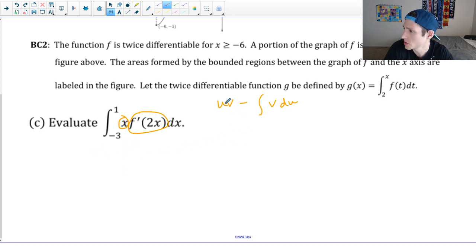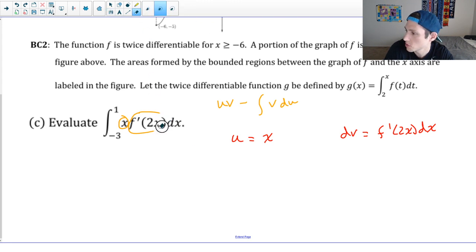All right, so let's make some choices. We might have to go back and fix them, but let's just make u this first function, and dv f prime of 2x dx. More specifically, it would be more accurate to circle this whole thing.